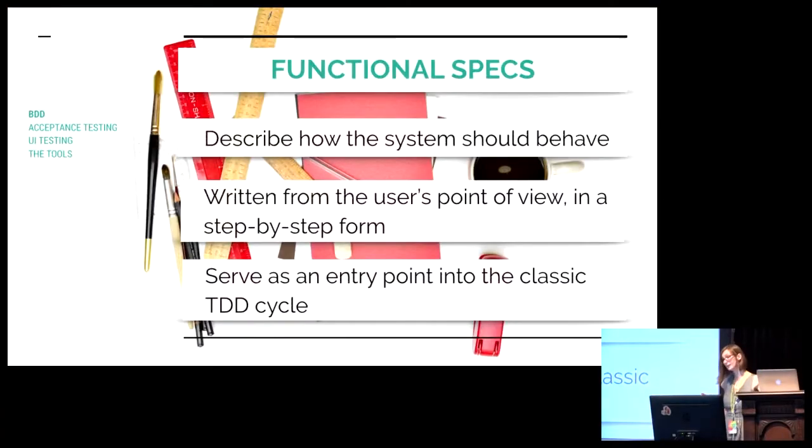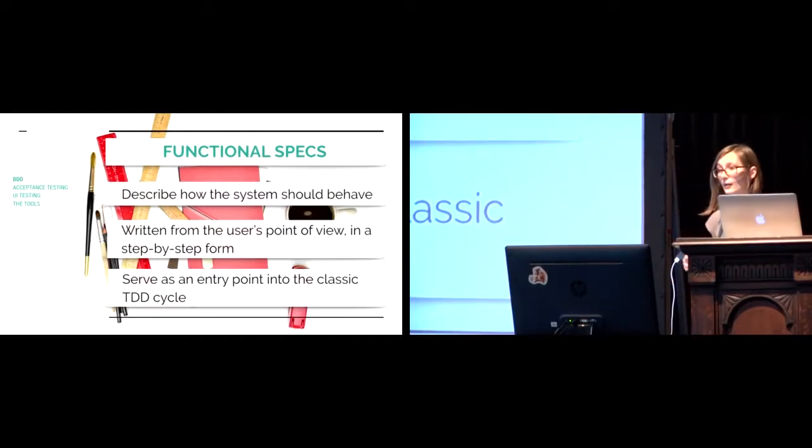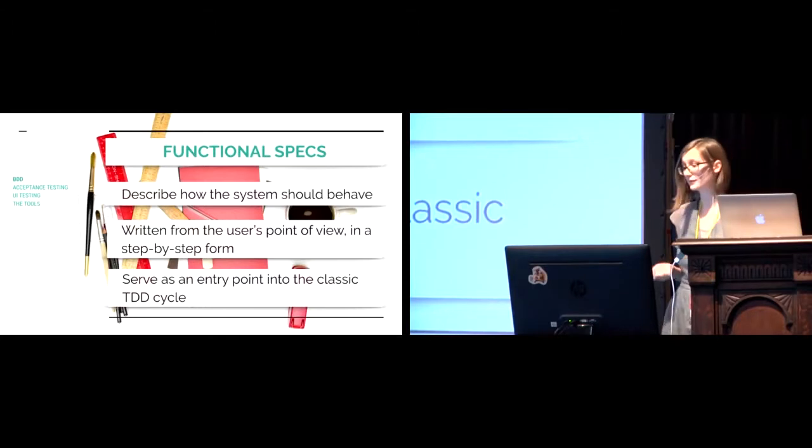So in the discussion phase, you should extract functional specifications, which should describe how the system should behave. They should be written from the user's point of view, and from here developers can take it and start a normal test-driven development cycle.